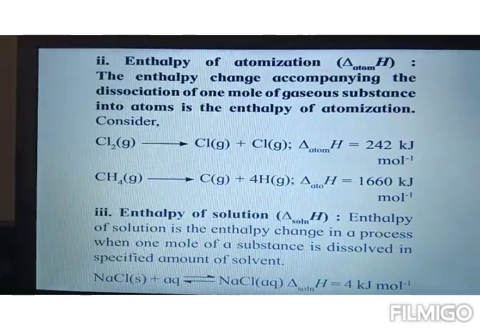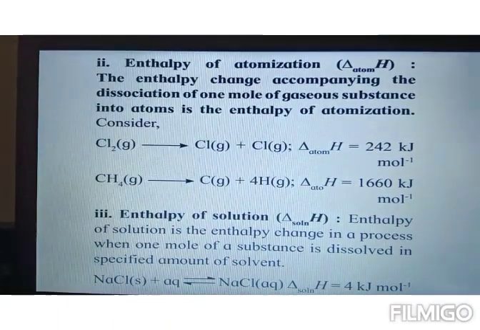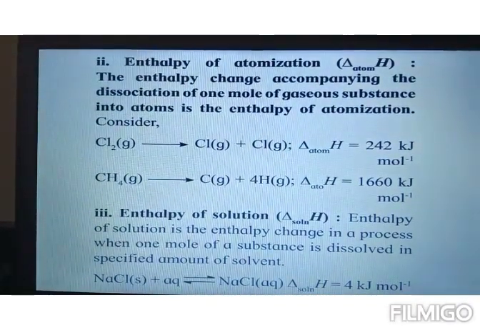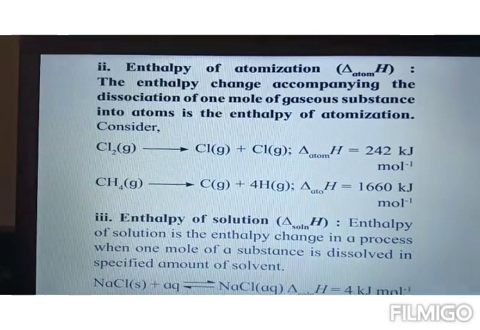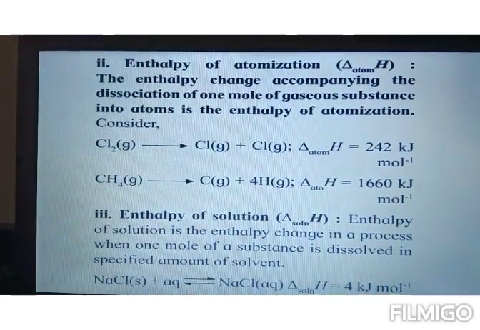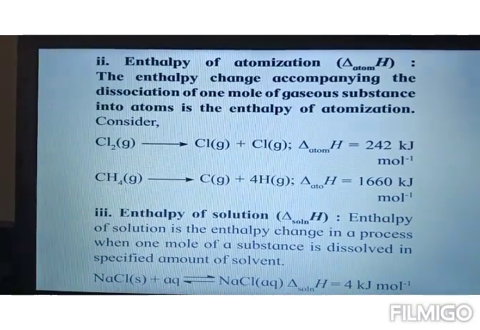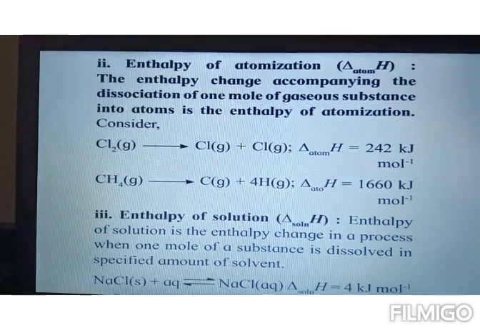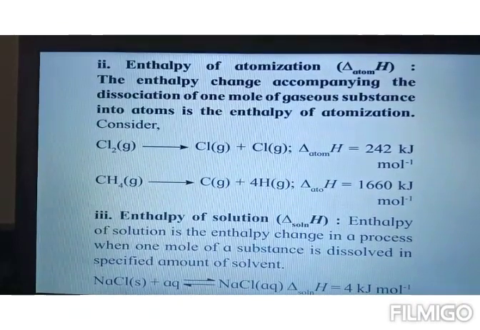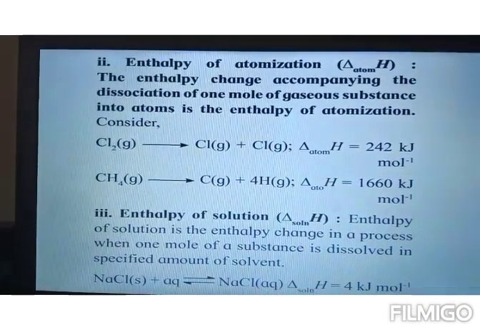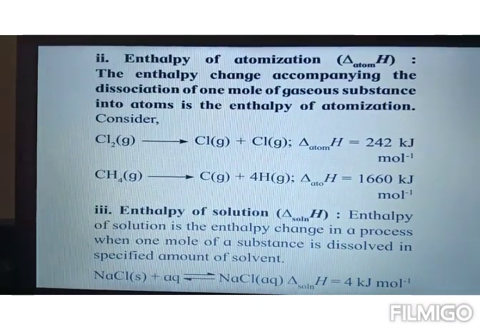Here we have the example of chlorine gas, which undergoes atomization to form 2 chlorine atoms, and delta H of atomization is 242 kilojoule per mole. One more example is atomization of methane gas, which gives carbon and hydrogen, and the enthalpy of atomization is 1660 kilojoule per mole.